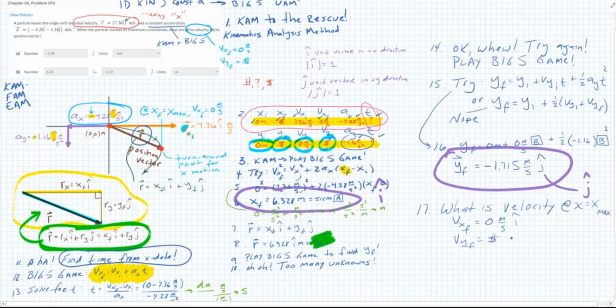That's what I'm after now. Let's play the big five game. Big five game. And that goes as follows. Which of the big five equations contain the variable I care about with all other variables known? And I'm going to guess this. VY final equals VY initial plus A sub Y times T. This is one of your big five. It was derived.